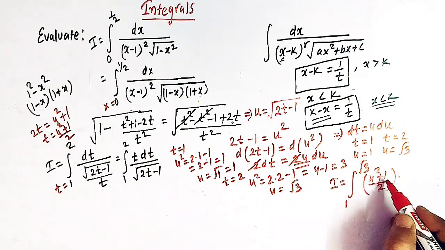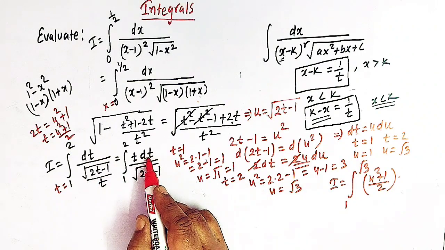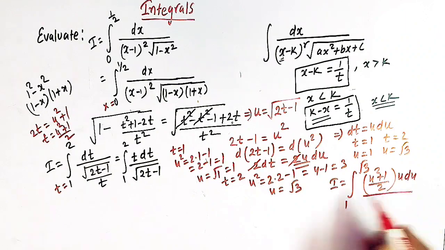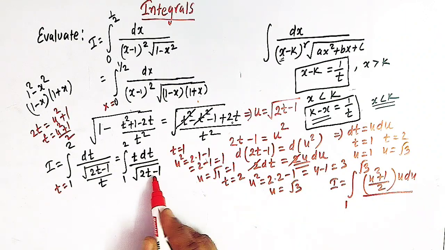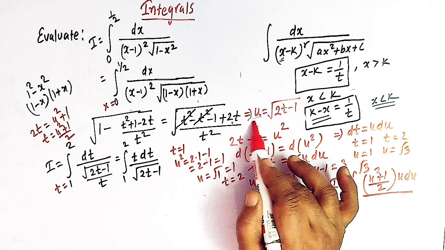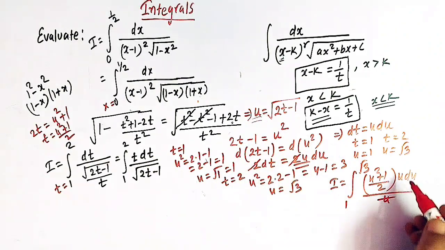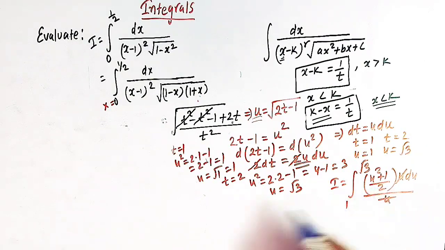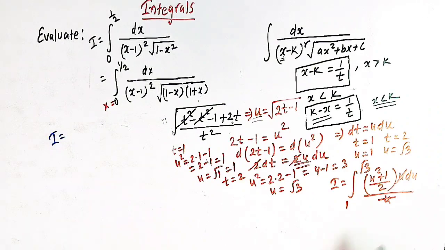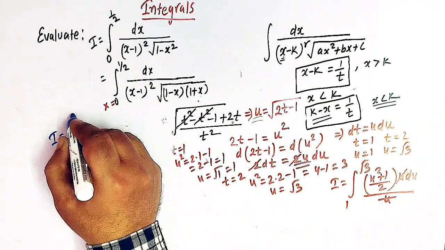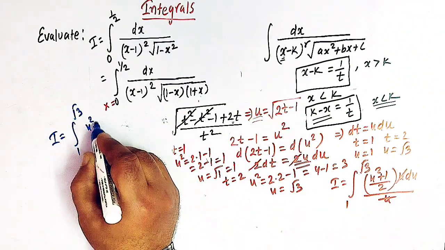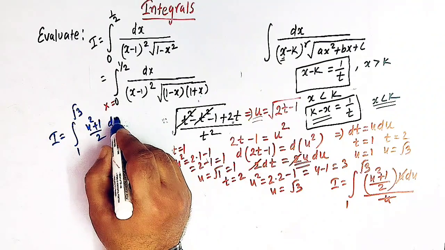So here we have u square plus 1 over 2, and for dt we can now write u du, and here for square root of 2t minus 1 we can write u. So u and u get cancelled. So now we have I is equal to 1 to root 3, and here we are left with u square plus 1 over 2 du.